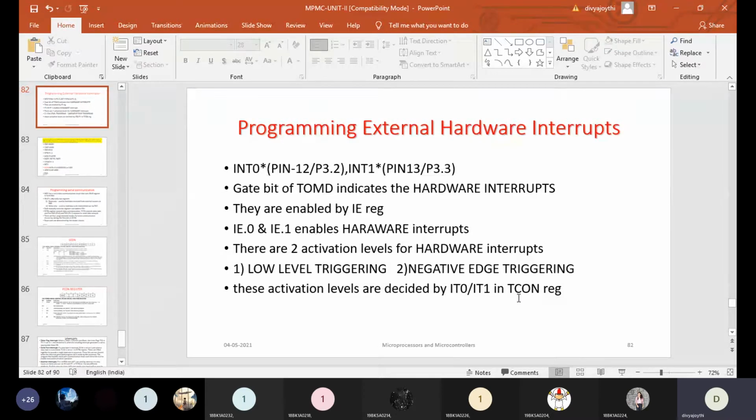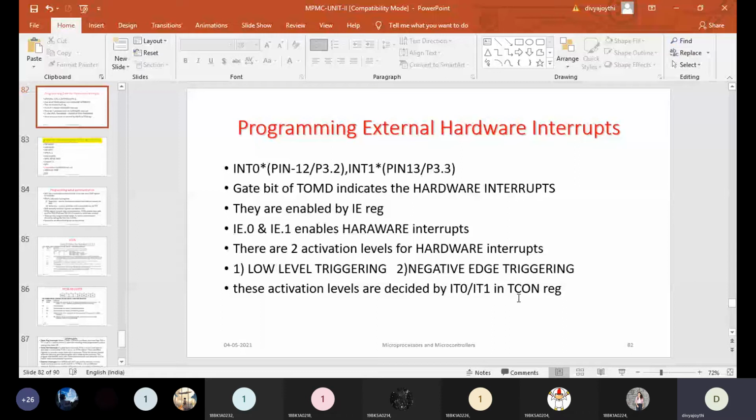For software interrupts, no hardware device needs to be connected to the controller. Whatever you want to convey, you will convey through writing a program. It's purely software. But coming to the hardware interrupt, you will connect the external device, whoever has the work with the controller, and the information related to that connected device will be put in the form of a program. That means here you are informing the controller through the program about the hardware device.